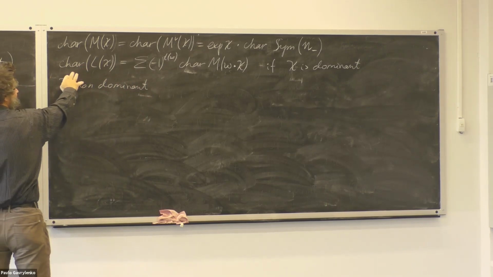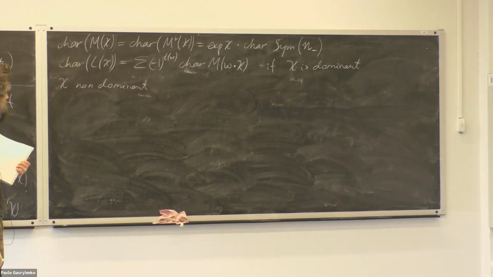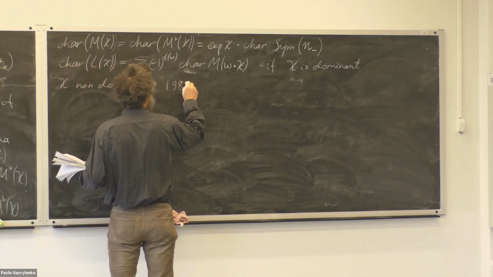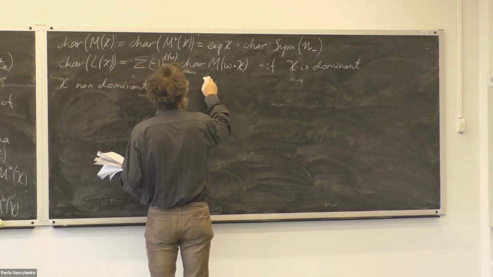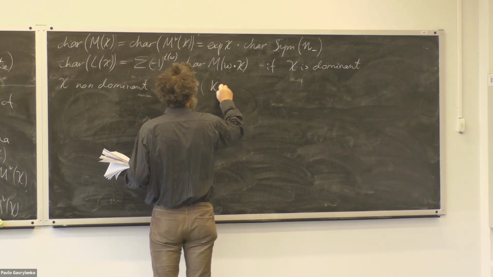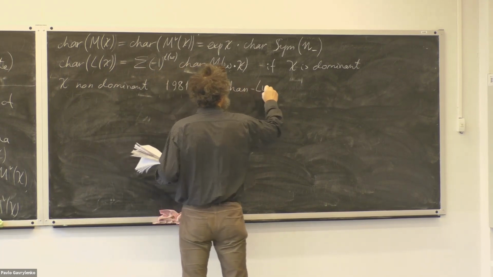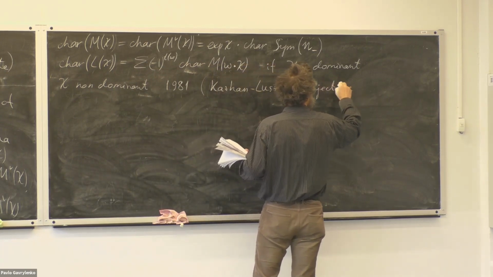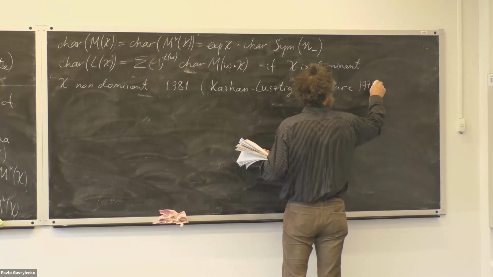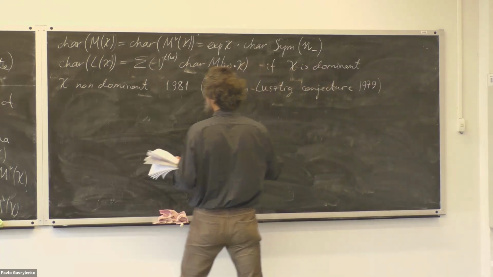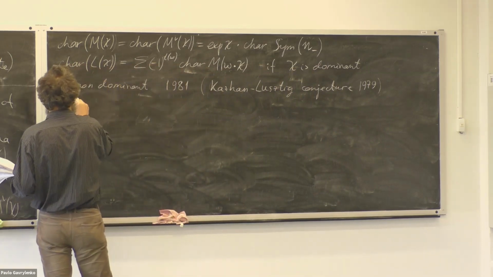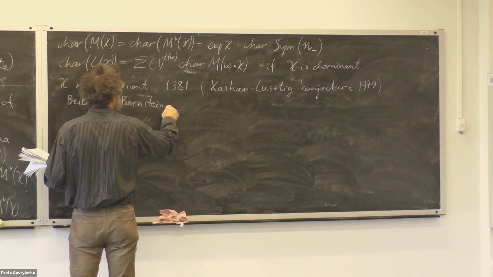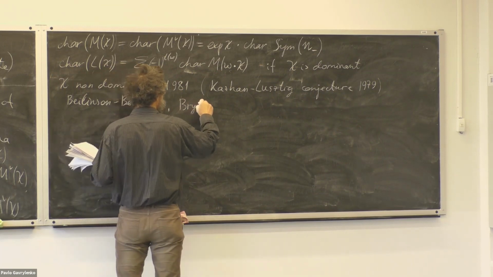then it's a very difficult problem to find this character, and it was solved by many people. It was conjectured by Kazhdan and Lusztig in 1979, maybe, and proved by Beilinson-Bernstein, and independently by Brylinski-Kashiwara.